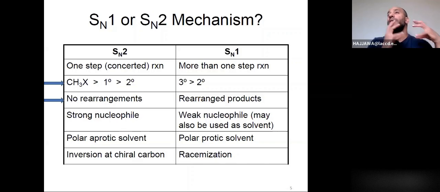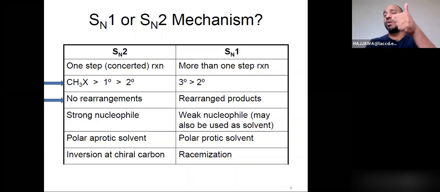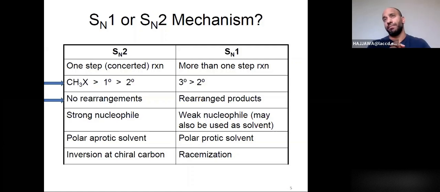Another difference is the type of alkyl halides. I mentioned previously that the moment you are given a chemical reaction and you are asked to determine whether it is going to go through SN1 or SN2, the very first factor you need to look at is the alkyl halide type.